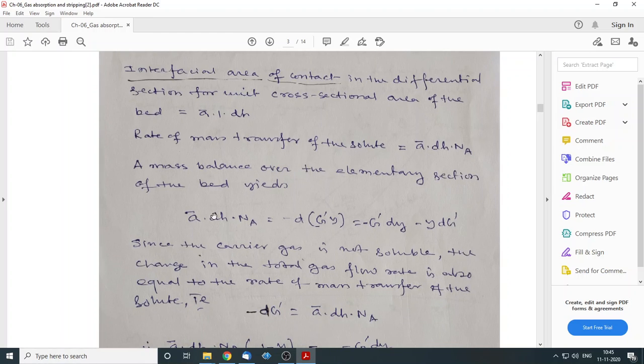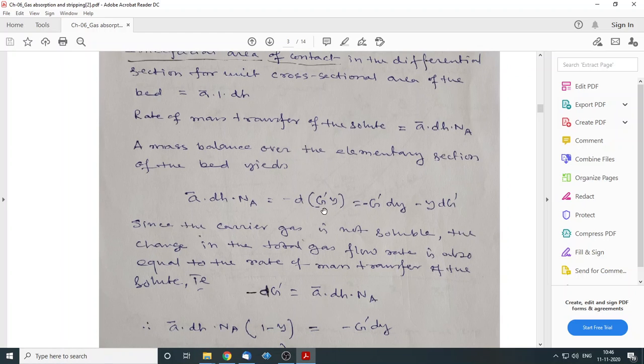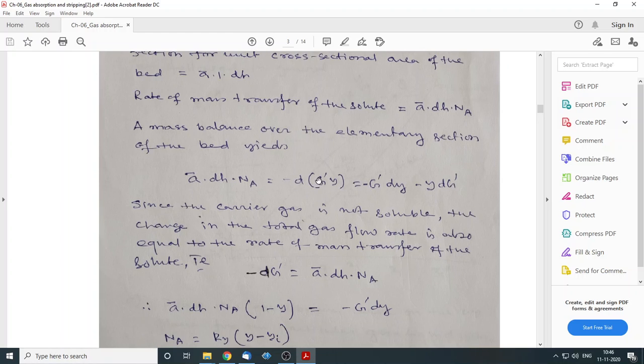Whatever mass transfer happens from the gas phase to the liquid phase will be equal to the loss of solute in the gas phase. G dash Y is the solute flow rate, and its differential takes a negative sign because it is decreasing. So if I make the differential, it is minus d(G dash Y).